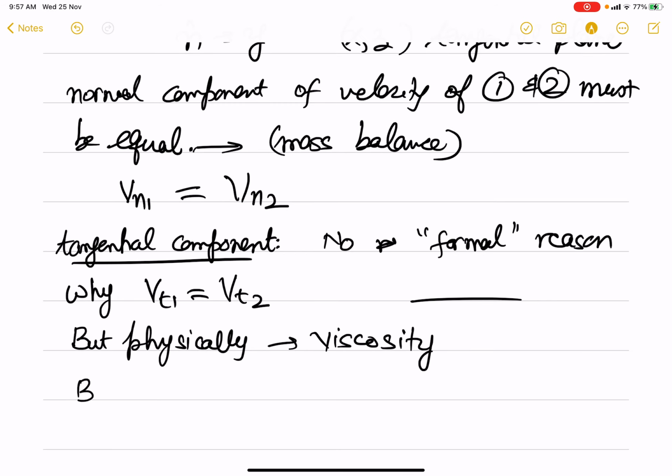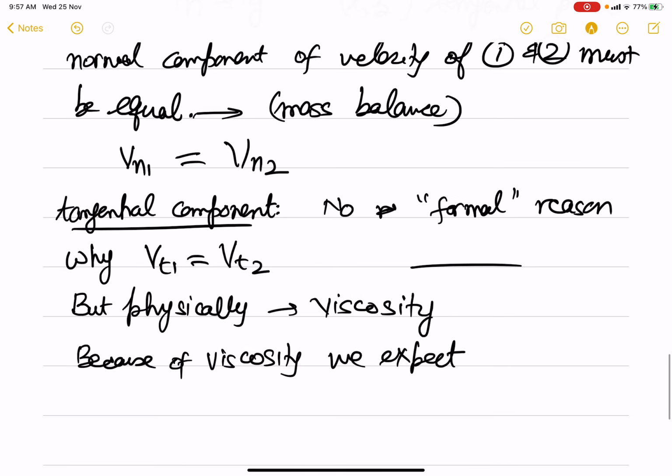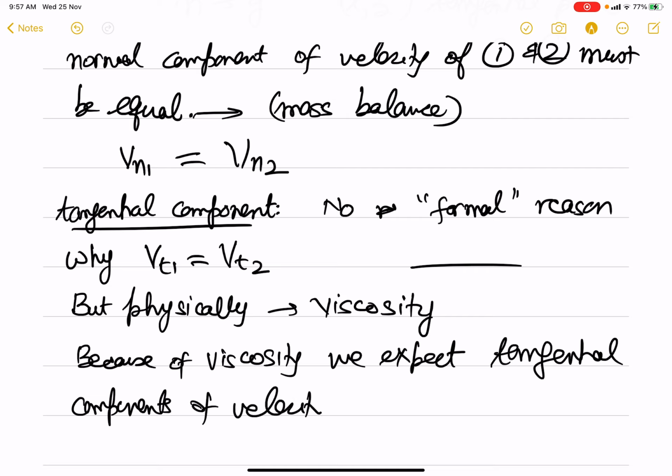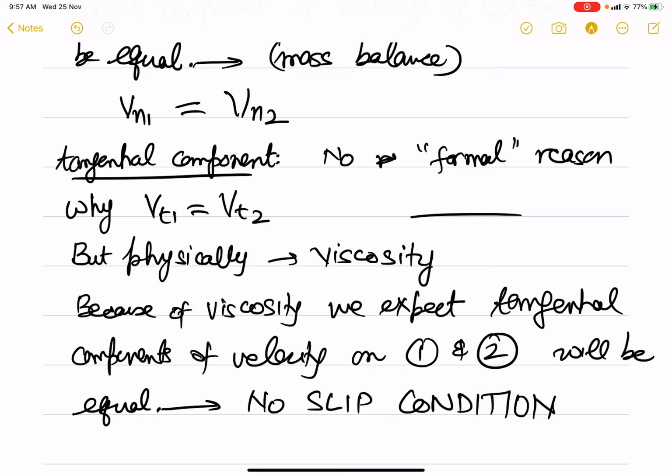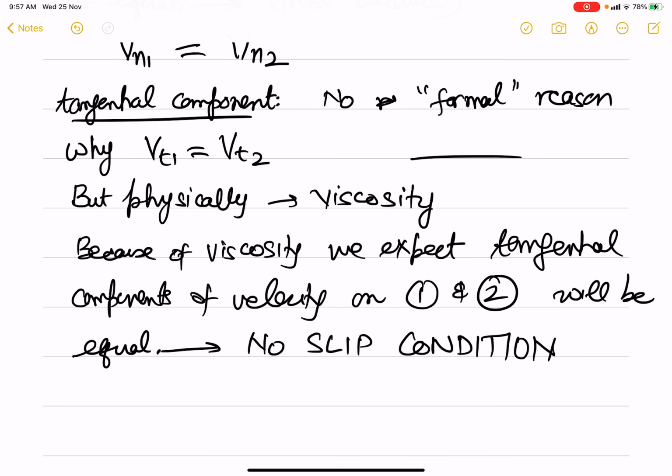And because of viscosity, we expect that tangential components of velocity on the two sides will be equal. And this is what we refer to as the no slip condition. We have been using this when we talked of viscosity, but it is basically something which we expect.